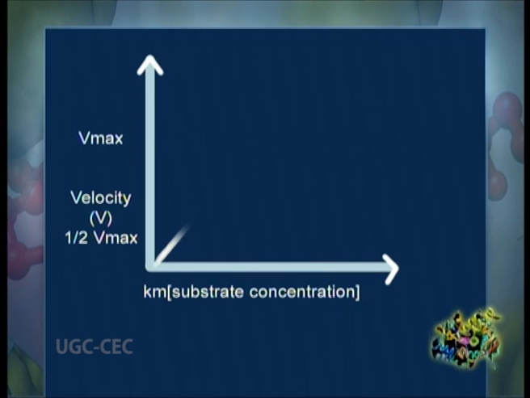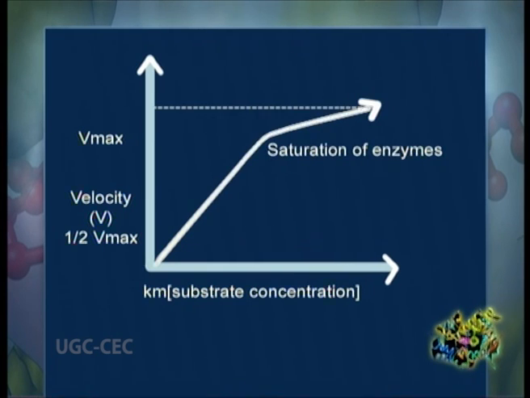From the saturation curve, an equation was derived which is known as the Michaelis constant, which specifies the quantitative relationship between substrate concentration and Vmax for different enzymes.